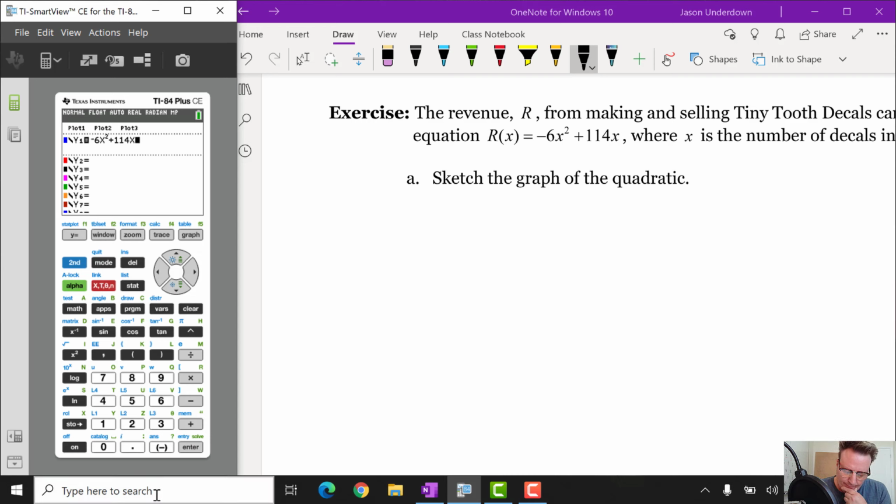Okay, I don't know what window settings I should use for this, so let's just use Zoom Standard.